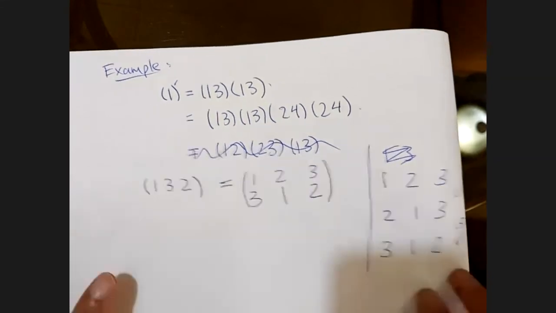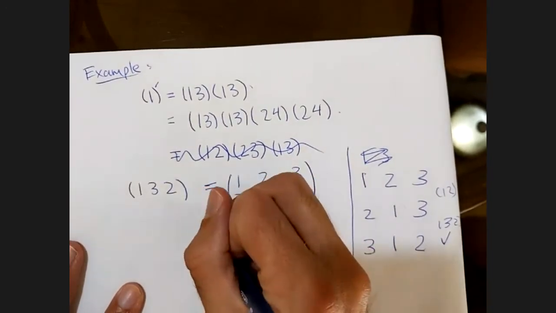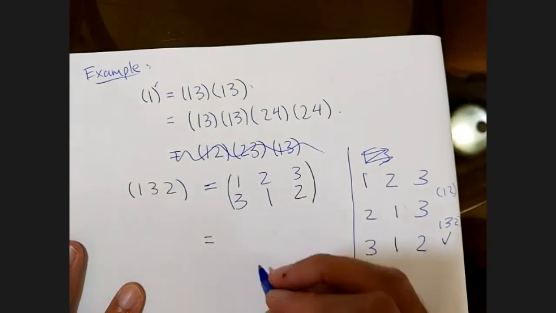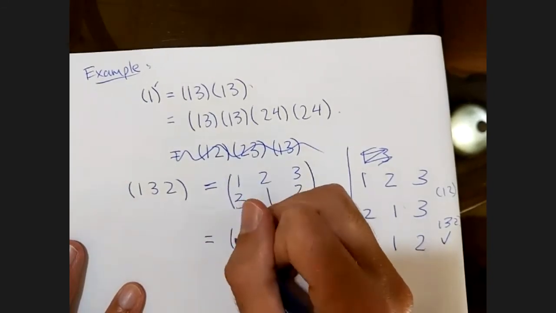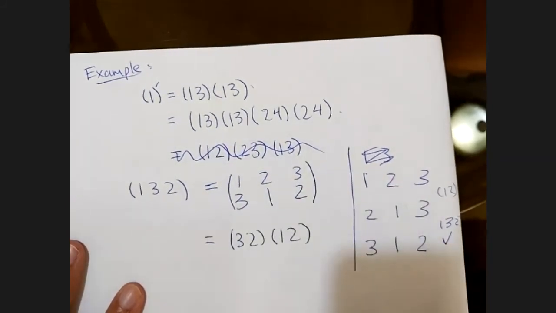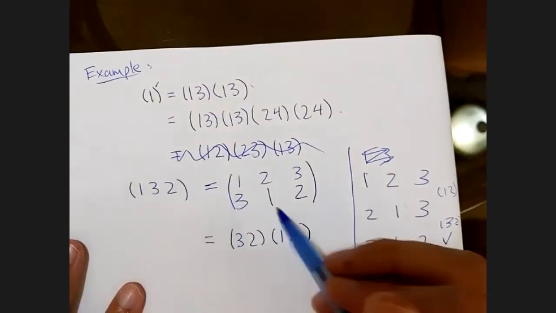And now that is telling us that we can decompose this as the product of transpositions like this. Let's check that when we multiply these 2 transpositions, we get 1, 3, 2.